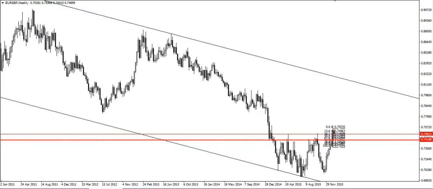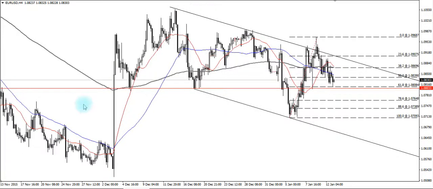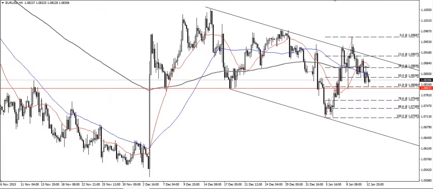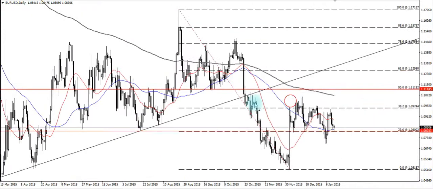Alright, so let's have a look at the euro against the US dollar. Since we are slightly bullish on the euro, let's take a look at the day one chart.